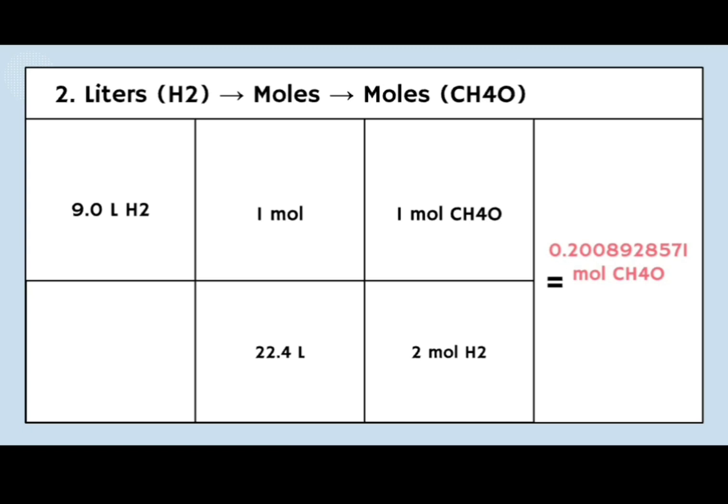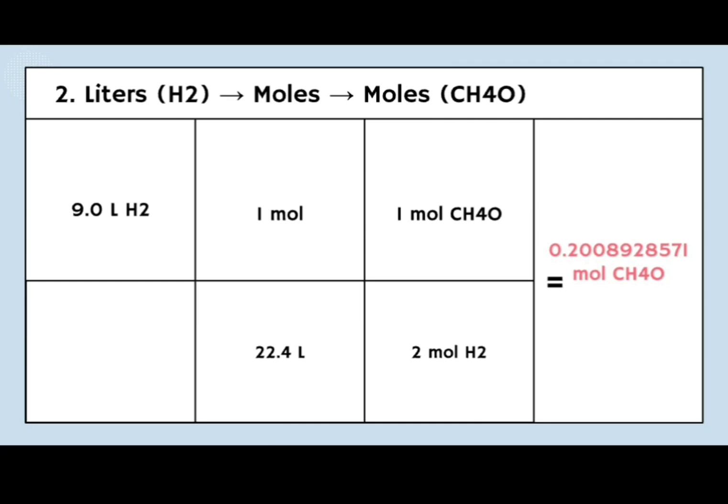So we divide 9.0 liters of hydrogen gas by 22.4 liters of hydrogen gas. Then we multiply it by 1 mole of methanol divided by 2 moles of hydrogen gas. You can just use a half. I think that's easier to think about.